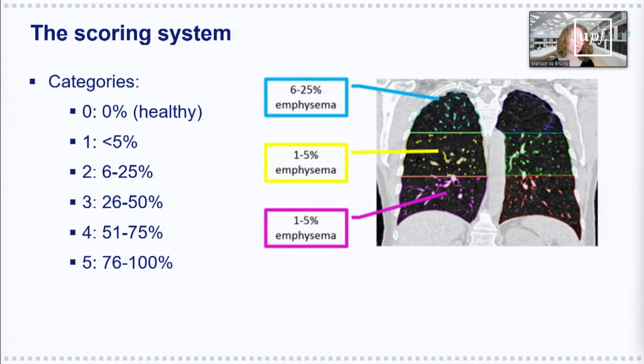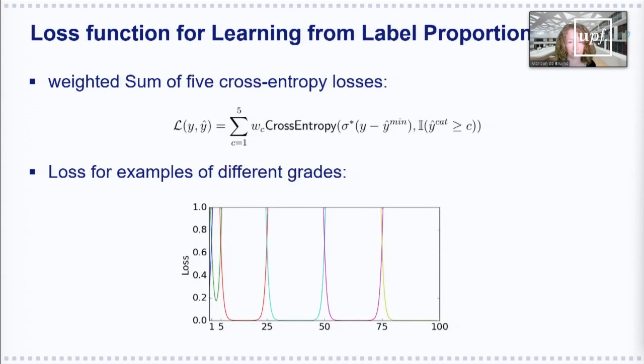So what is the percentage of lung tissue that is affected by emphysema in this region? So we have percentage intervals as labels.